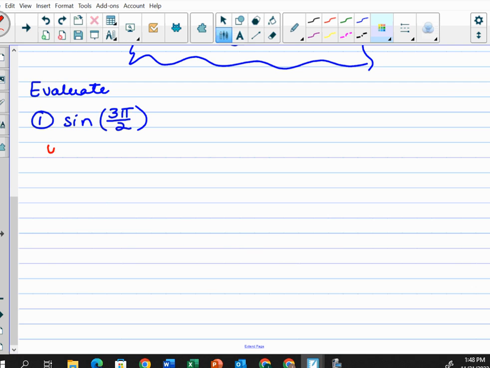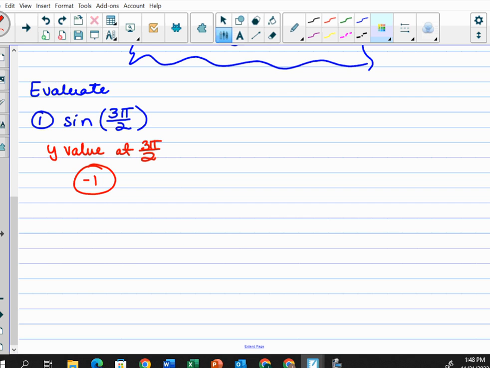So we are looking for the y value at whatever angle we're talking about. So in this case, at 3 pi over 2. So you can have a unit circle out while we're doing this. Find 3 pi over 2. And what is the y value at that point? -1 it is. And that's it.